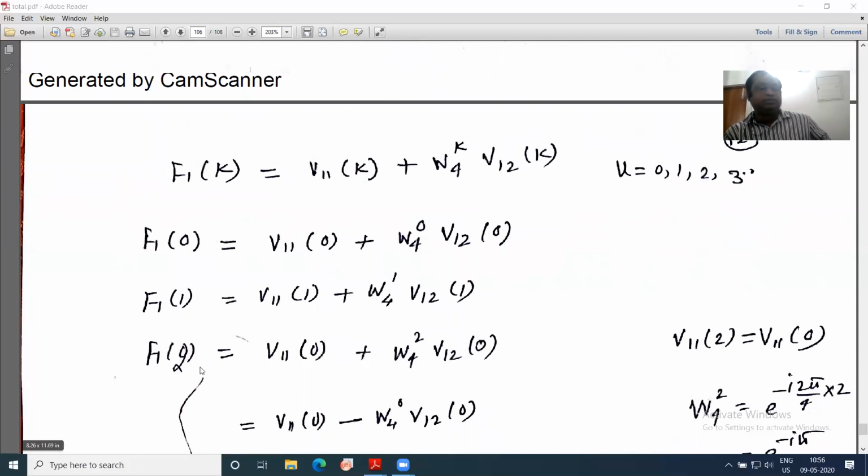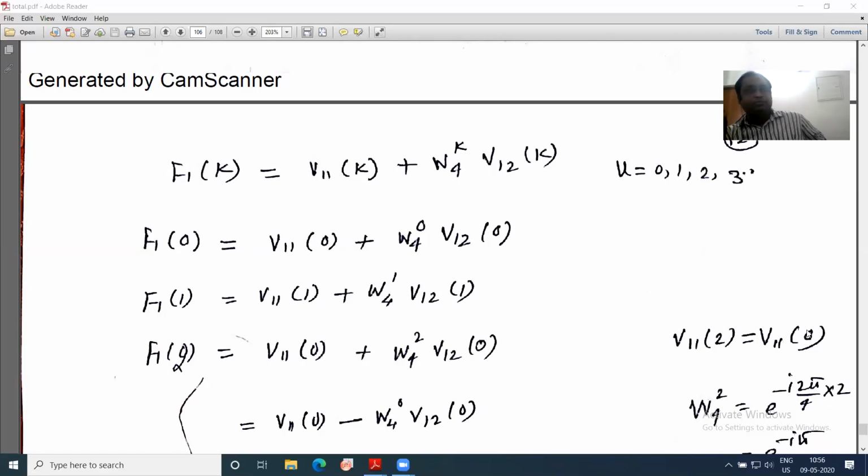Now suppose k equal to 2. K equal to 2 means I will write v1on of 2 plus w42 times v12 of 2. This is a 2-point DFT, and a 2-point DFT is periodic with period 2. So v1on of 2 means v1on of 0.